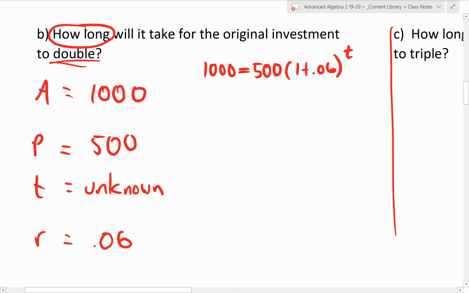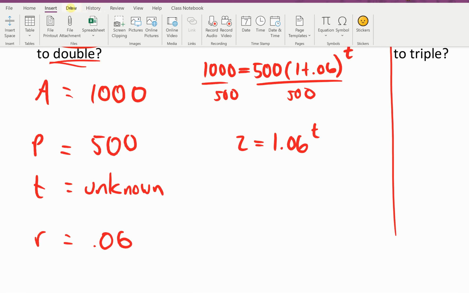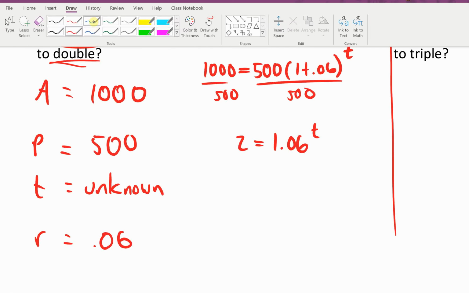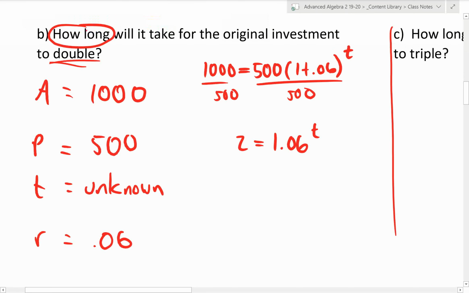If we're going to solve for t, we're going to use our normal inverse operations. Divide by 500, and we have 2. This is a pattern you notice: if you ever want to figure out how long it takes for something to double, you can just skip right to this part and say 2 is equal to the rest of the multiplier. So we'd have 2 equals 1.06 raised to the t power, and this is exactly the type of equation we just got done practicing with in the first half of this section, where we can use logarithms to solve for t.